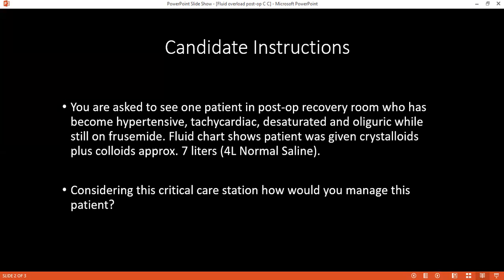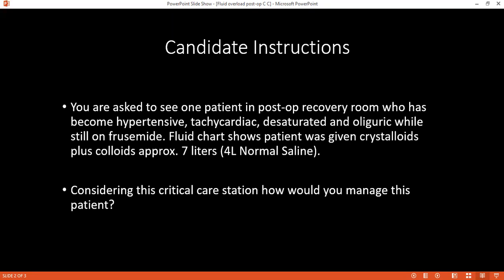Okay, so if you have read and understood the critical care scenario, kindly tell me, how would you manage this patient now? I will manage this patient according to the CRISP protocol. First, I will check the airway, it's patent, and then check breathing: the respiratory rate, respiratory pattern and equality.